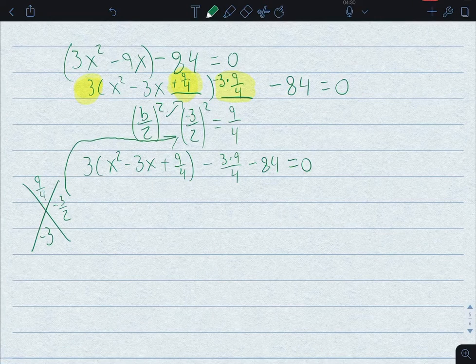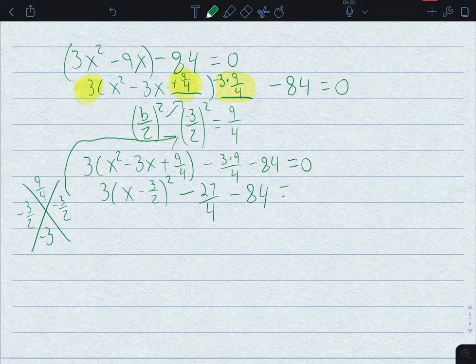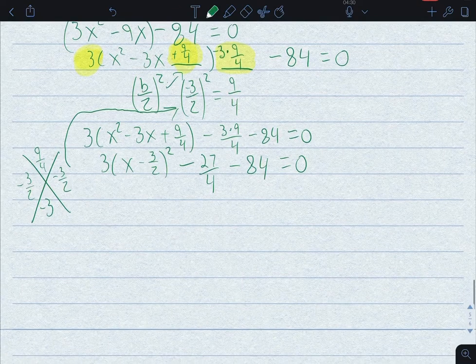And since this top term is positive, it's going to be negative 3 over 2 and negative 3 over 2. So we have 3 times the parentheses x minus 3 over 2, close parentheses, squared, minus, I'm going to multiply that 3 times 9, 27 over 4, minus 84 equals 0.